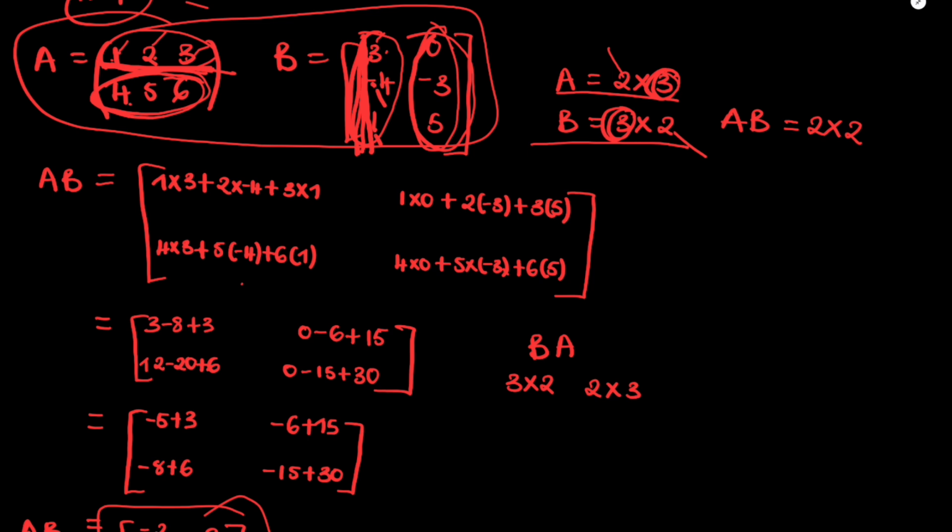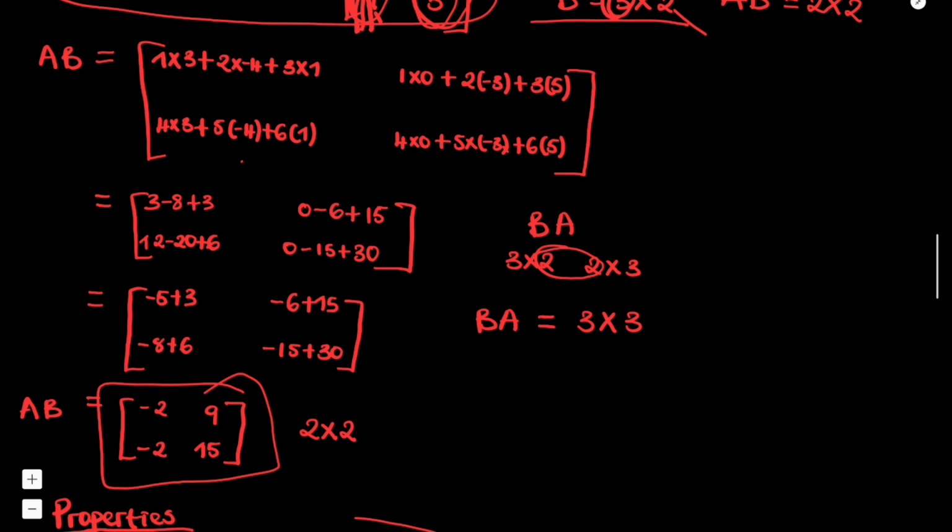This simply means that the matrix can be multiplied. Remember, if the columns of the first matrix equal the rows of the second matrix, then the matrices can be multiplied. And finally, our BA, the product must be a 3 by 3 matrix.